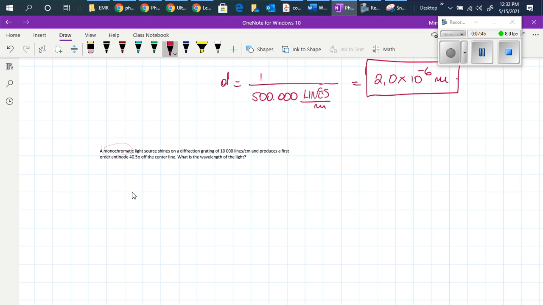So we have here a monochromatic light. Monochromatic means that we have a light with one wavelength, not a white light in which all the colors are there.